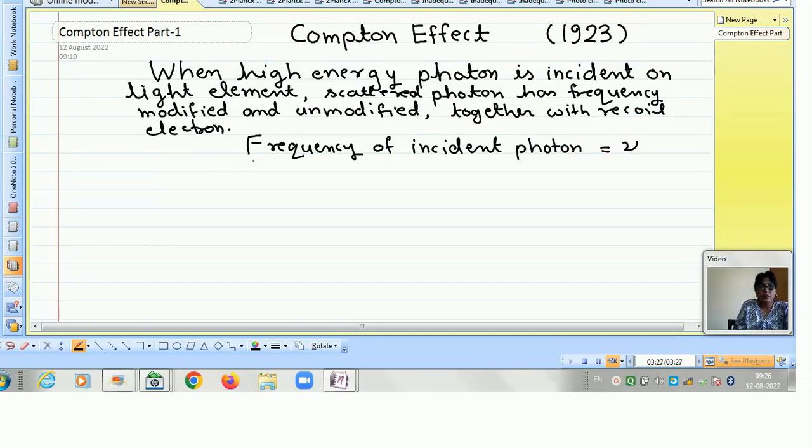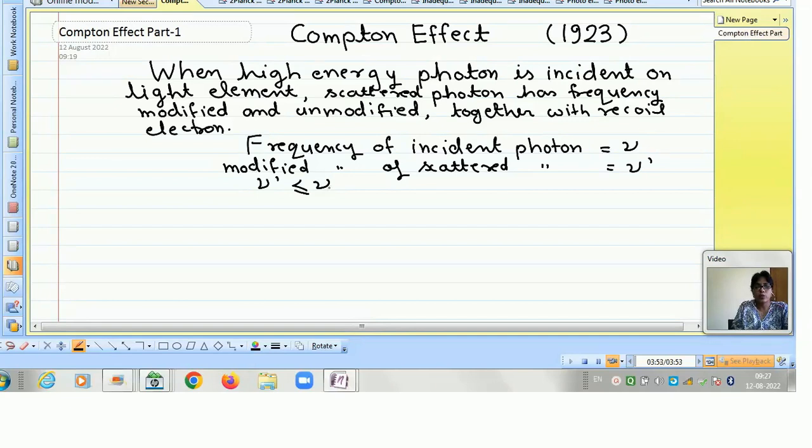Then the modified frequency of the scattered photon is, let us say, nu dash. Then in Compton effect it is observed that nu dash is always less than or equal to nu. Nu dash may be equal to nu.